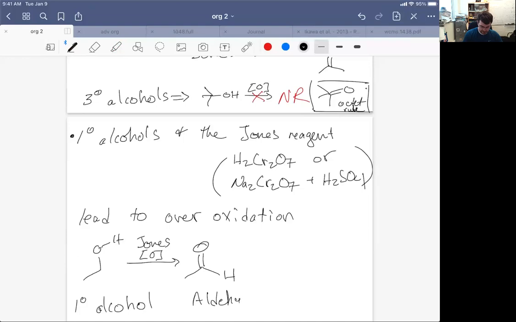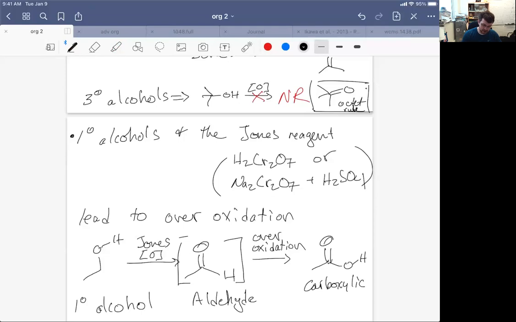And aldehydes keep reacting in the Jones oxidation conditions to give rise to carboxylic acids. So it's the aldehyde intermediate that actually undergoes over-oxidation. It's not the primary alcohol itself. So you do overoxidation to make a carboxylic acid. This isn't a great reaction to do, even if you want a carboxylic acid. It's not super clean, and carboxylic acids are difficult to isolate from this reaction mixture. So you typically want something else if you want to go from an aldehyde to a carboxylic acid.